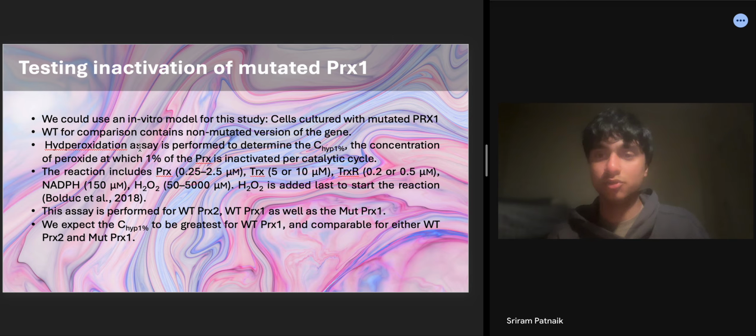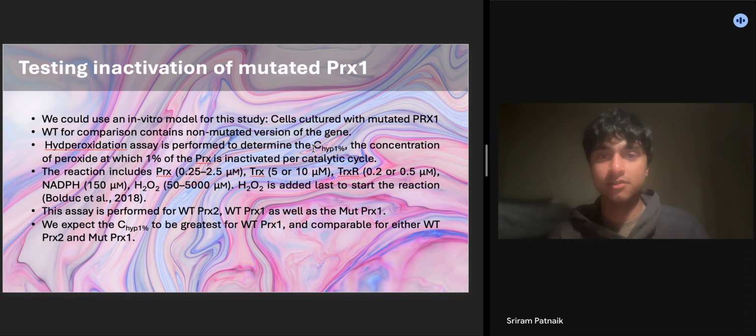A hyperoxidation assay, which I got from a paper, Bolduc et al. 2018, can be used to determine the C hyper 1%, which, to be brief, is the concentration of peroxides at which 1% of the PRX is inactivated per catalytic cycle.